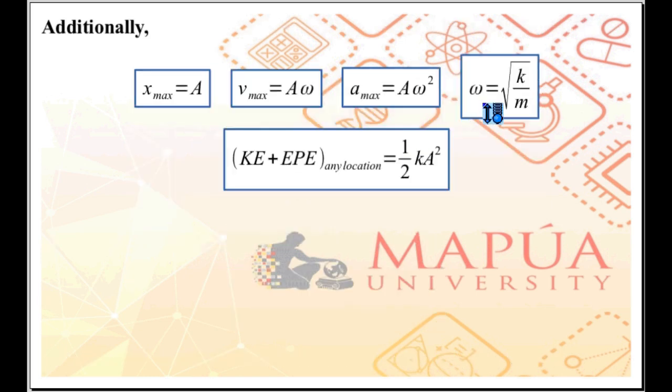Also, the angular frequency is given by the square root of k over m, where m is the mass of the object undergoing periodic motion.